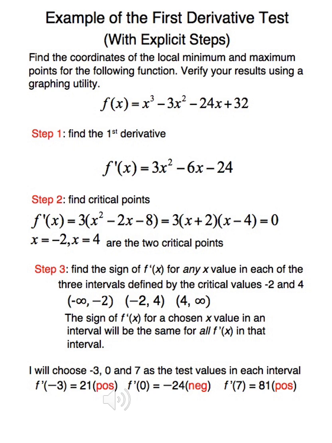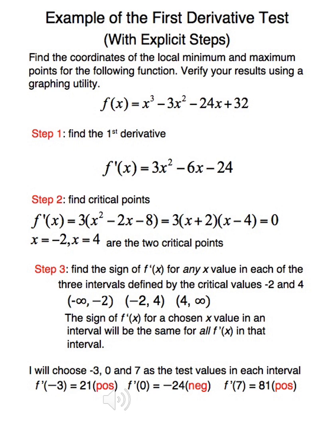Instead of trying to figure everything out all at once, just take it literally one step at a time. So the first thing we want to do here, it says find the coordinates of the local min and max points for the following function.